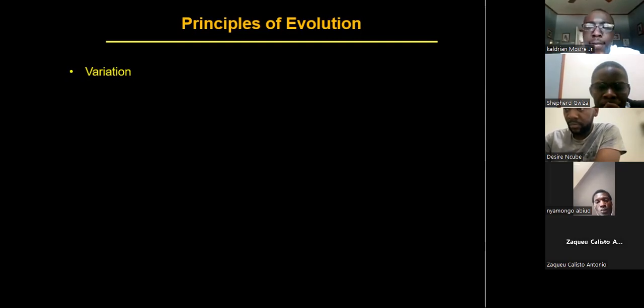You can't get evolution if you don't have variation of traits. If all the traits are the same, you're not really going to get any evolution. Now, how do you get that variation? That comes from those mutations that we talked about. And many of those mutations are going to seem completely benign, and you're not going to be able to tell whether it's good or bad or anything like that.